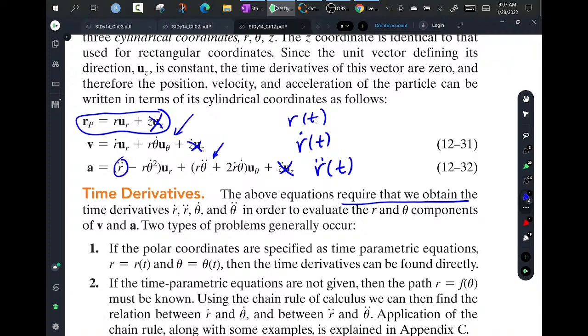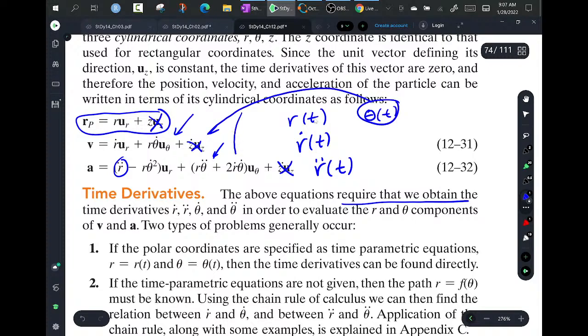Now, here's the thing. Well, I might as well say this. Theta, you don't really see in these equations, but it is in there implicitly, and I'll show you what I mean. Then you have theta dot, and you have theta double dot.